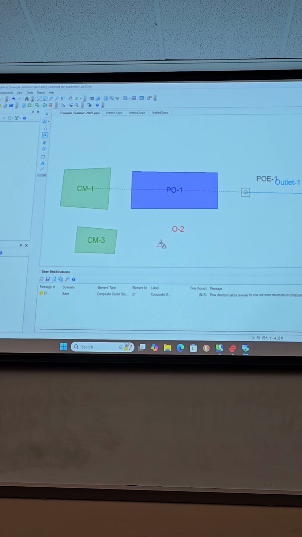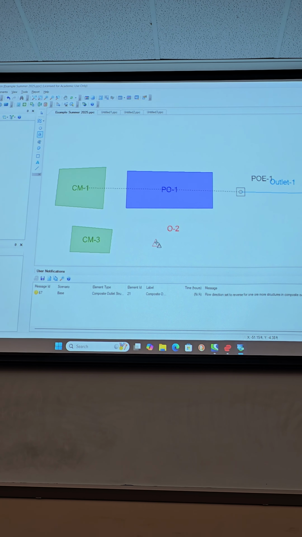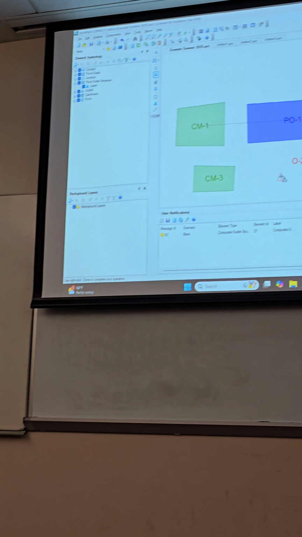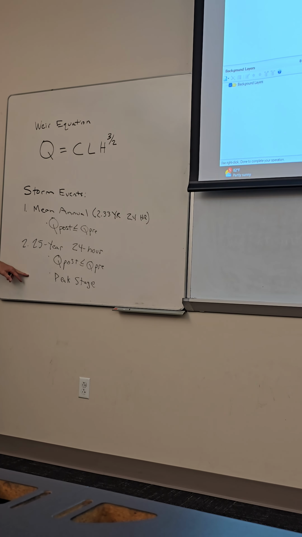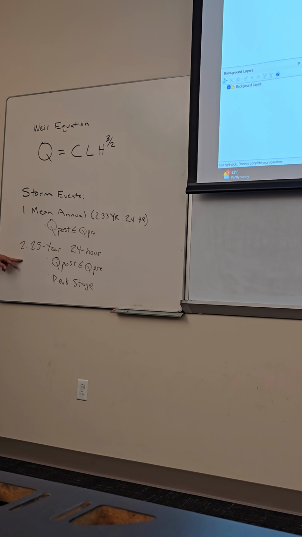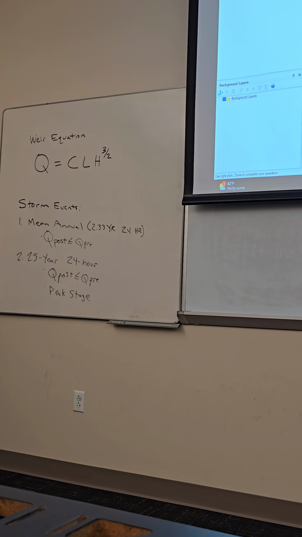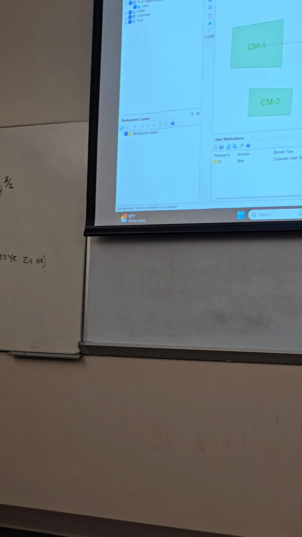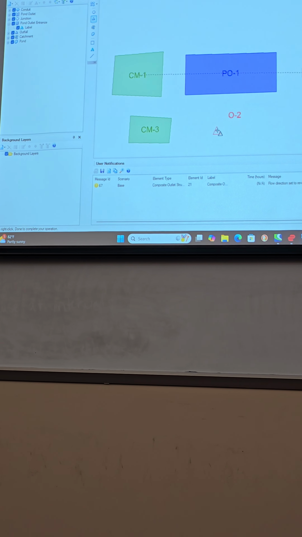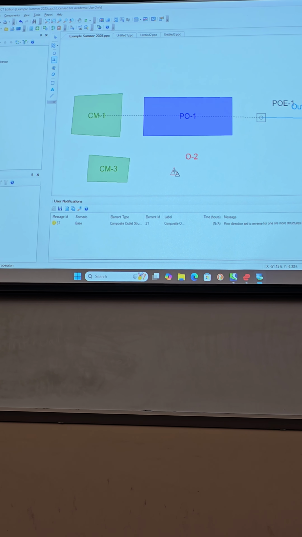Again, what you want to do is make sure that your post is less than your pre for these two storms. You want to make sure your peak stage is a foot below your top of bank. So the variables you have to work with are the pond, which you can make bigger or smaller, and the outfall structure.